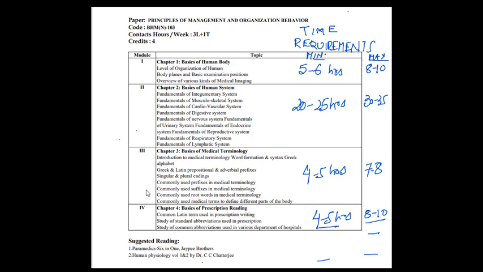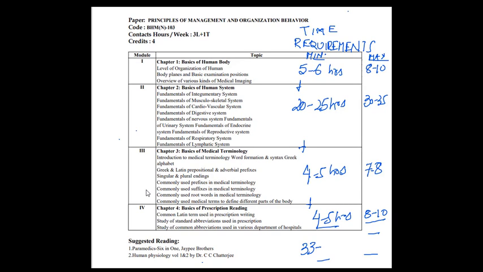Okay, so if I add this up on the lowest side, 5 plus 20 gives me 25, plus 4 is 29, plus 4 is around 33 hours. That's right. Let me check again. 5 plus 20 is 25, plus 4 is 29, and 4 more is 33.